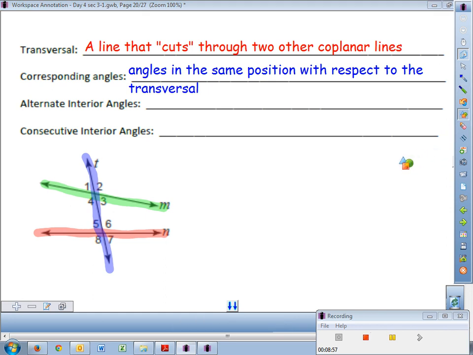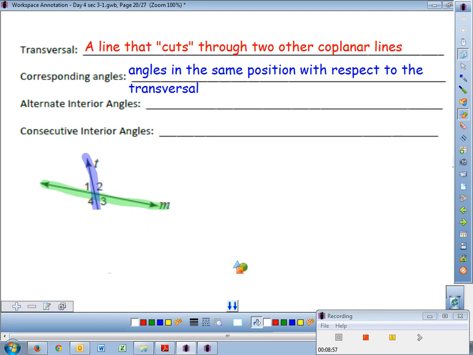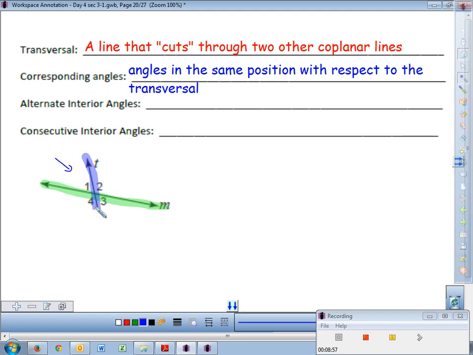So, let me show you my method. Remember, the blue line here is the transversal. If we just pick on one of these houses, if we pick on upstairs, let's pick on angle 1 right here. Let's find angle 1's location in relation to the transversal. Isn't angle 1 to the left of the transversal, right? It's on the left side.